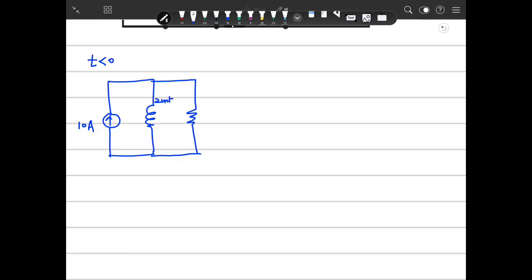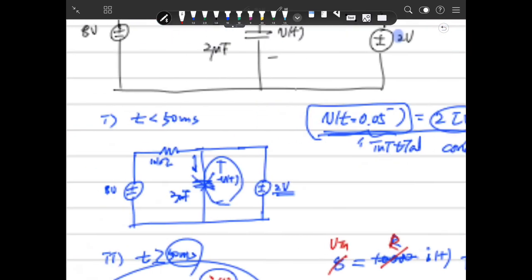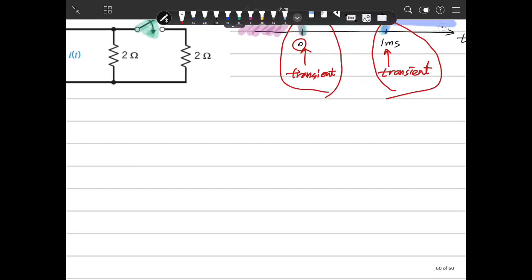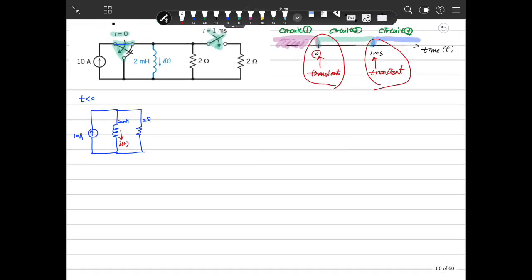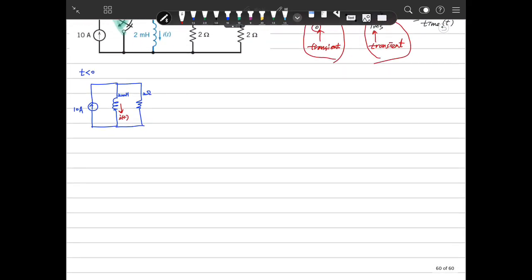There's a 2 millihenry inductor and 2 ohm resistor here, and you define this current as iL(t). So why do we need this circuit? Because we need the initial condition of this state.